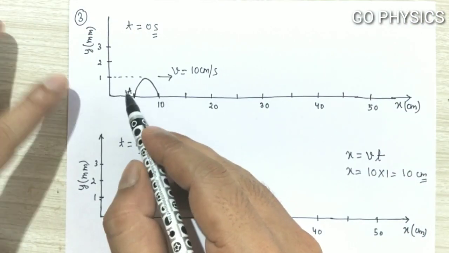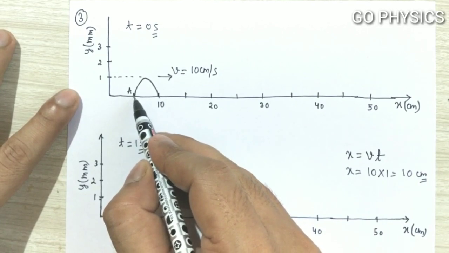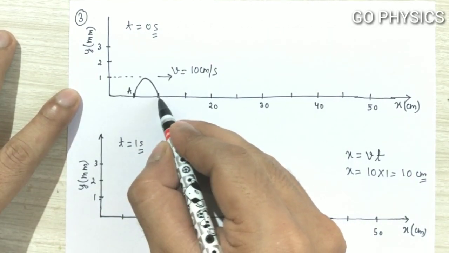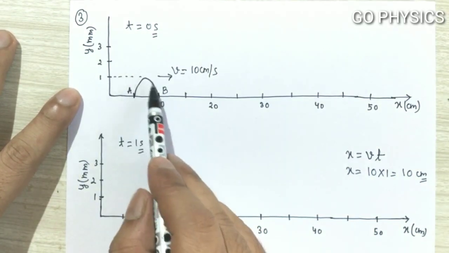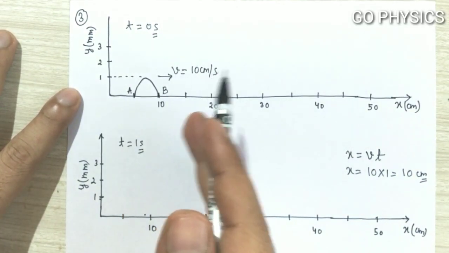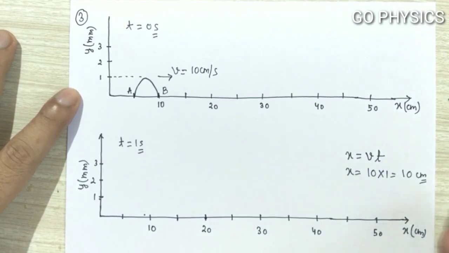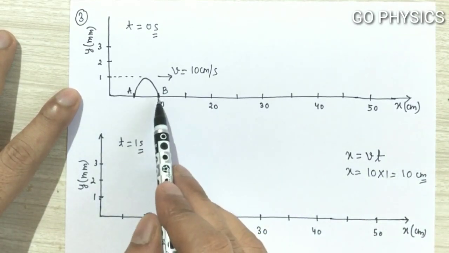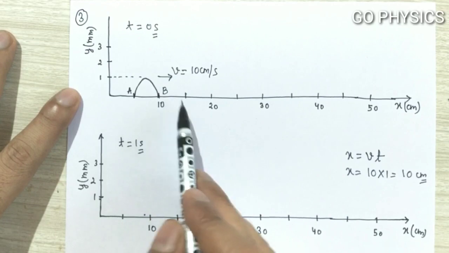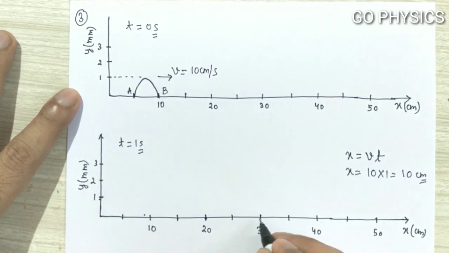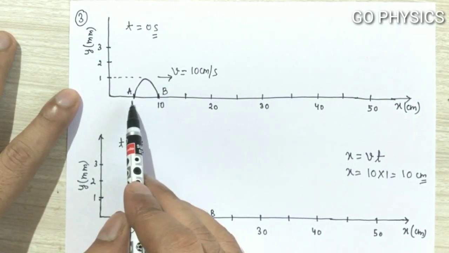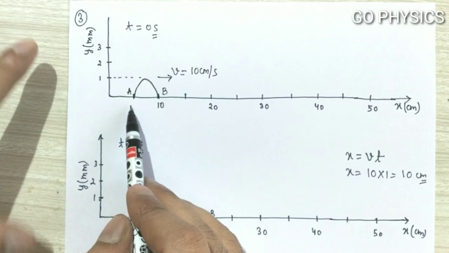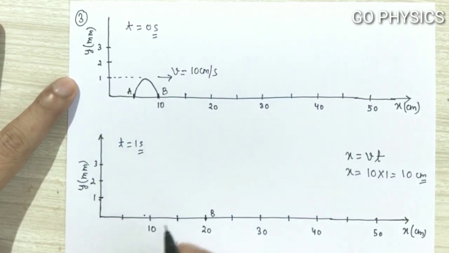To visualize this question, let us name this point as A and this point as B. Since all the points on this wave pulse will cover a distance of 10 cm rightward, point B will be 10 plus 10, that is point B will become here at 20, and point A is initially at 5, so the final coordinate of A will be 5 plus 10, that is 15.